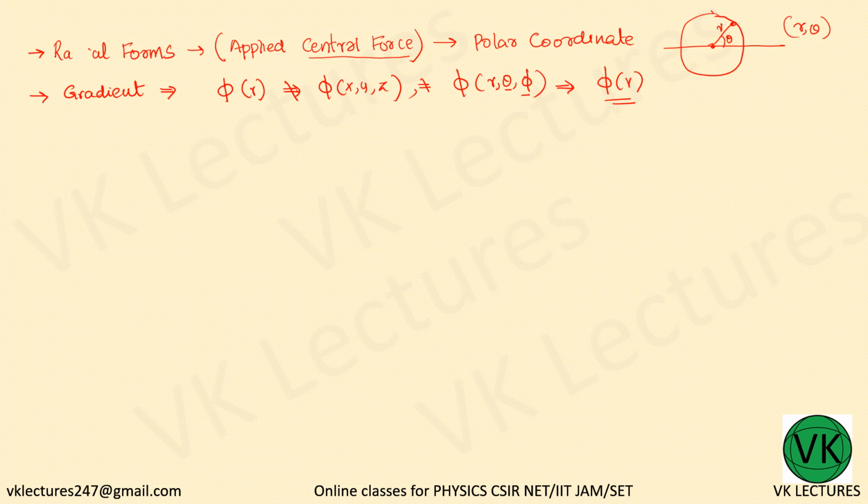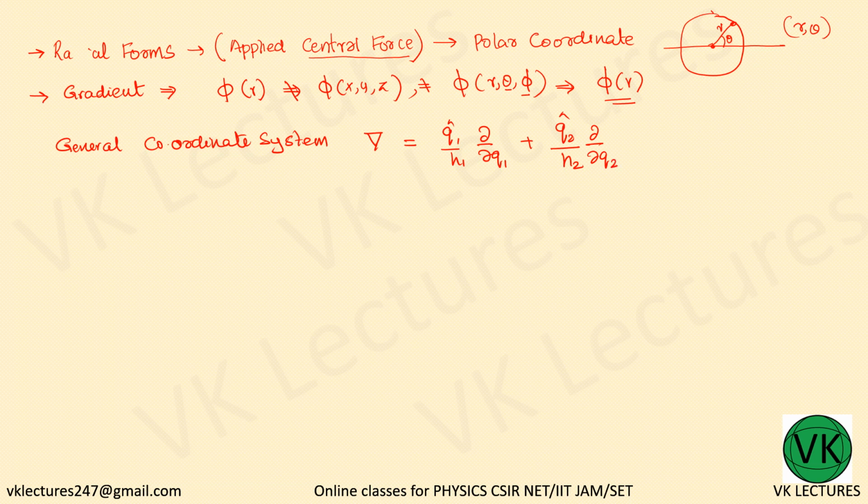Okay, so in a general coordinate system, we can write the del operator as q1 cap by h1 dou by dou q1 plus q2 cap by h2 dou by dou q2 plus q3 cap by h3 dou by dou q3.